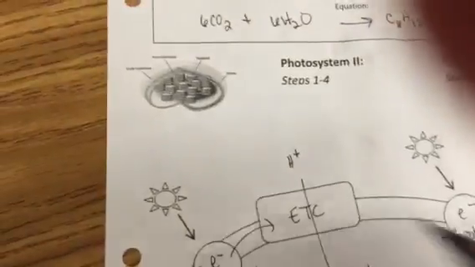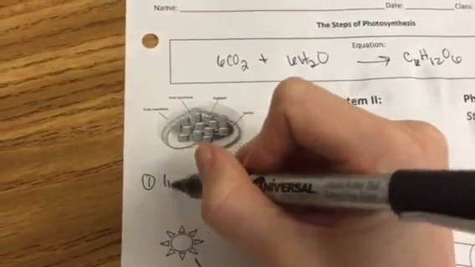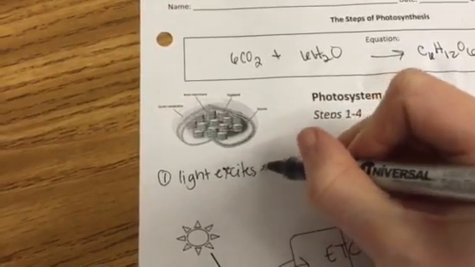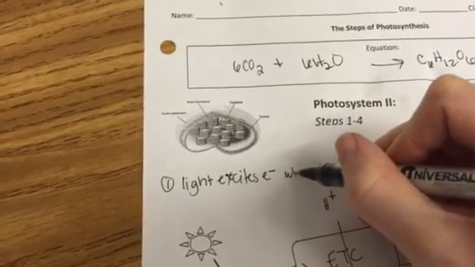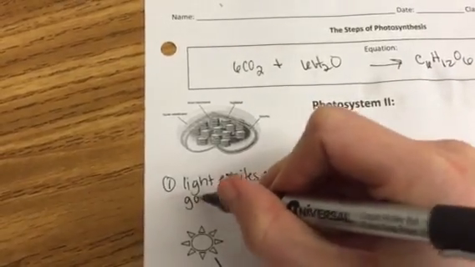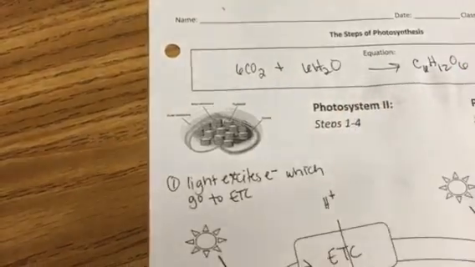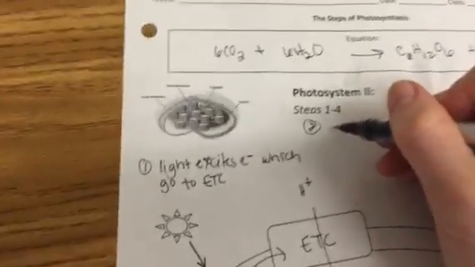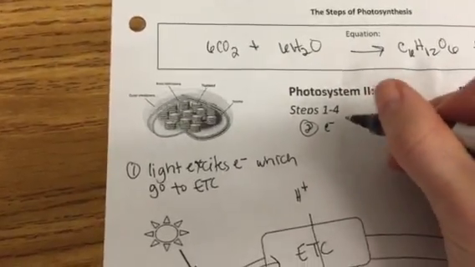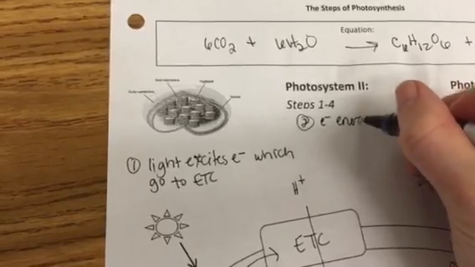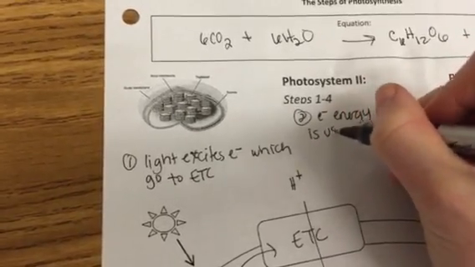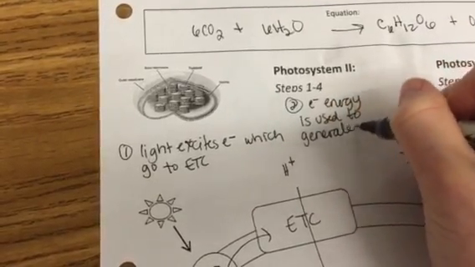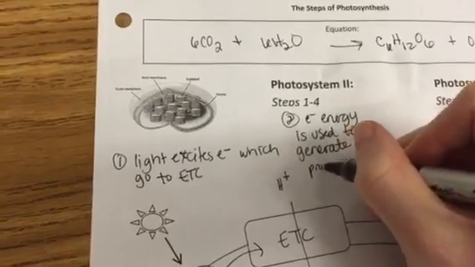So for our step 1, light excites electrons, which will then go to the ETC. For our step 2, which is happening right here, the electron energy is used to generate a proton gradient.